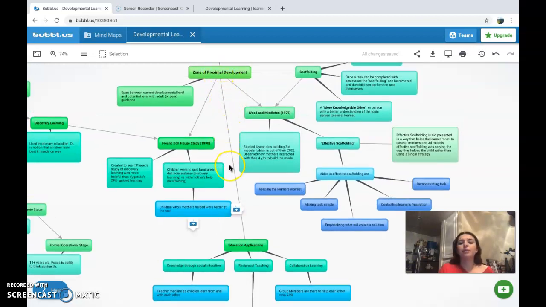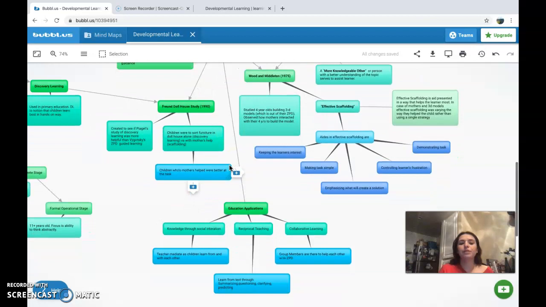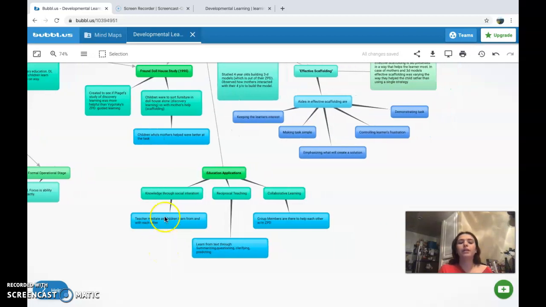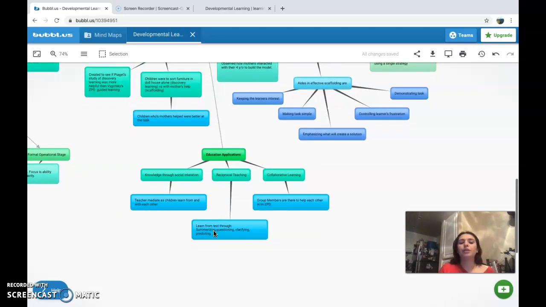This zone of proximal development has been used in education in more modern times, and that occurs through knowledge through social interaction, which the teacher serves to mediate as children learn from one another. This can be inside or outside the classroom. There's reciprocal teaching, which is where students learn from a text and they learn the skills of summarizing, questioning, clarifying, and then predicting.